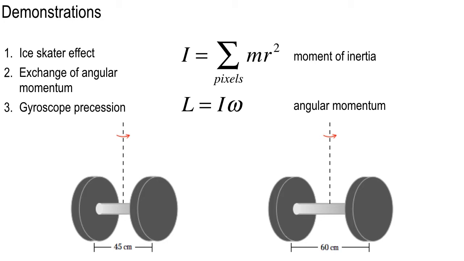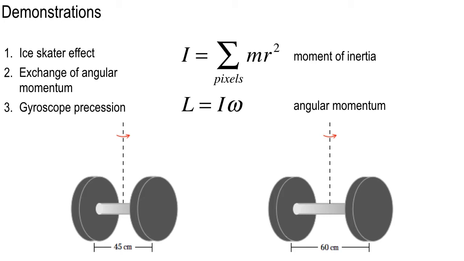Okay, she's going to do the ice skater effect. What's your first name? Shalissa. Okay, and Alex, you're going to do the bicycle wheel demonstration. Are you pretty strong? It's your birthday. You have to be. Okay. So Shalissa, take a seat on this stool up front here.